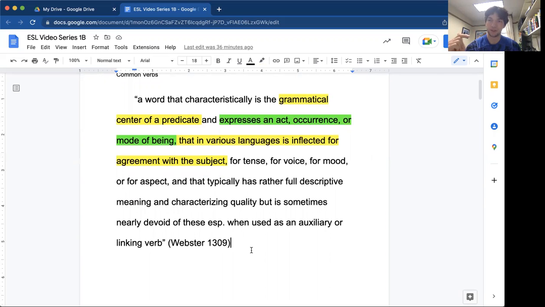So first person singular would be I, first person plural would be we, second person singular would be you, second person plural would be you or you all, you're addressing multiple people. Third person singular would be he, she, or it, and then third person plural would be they.